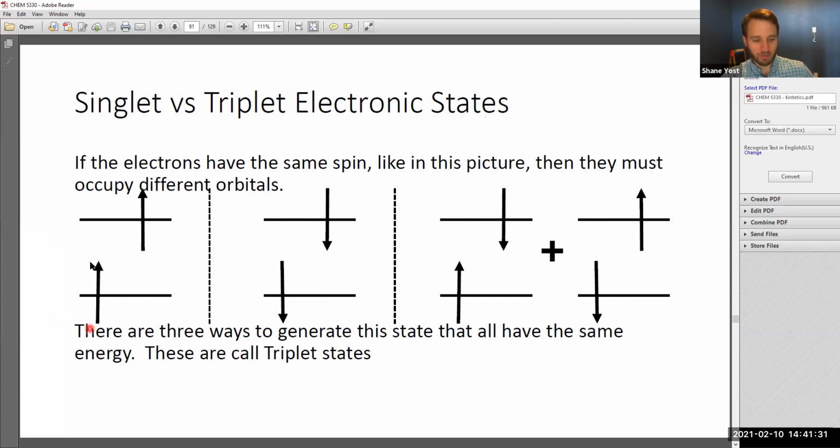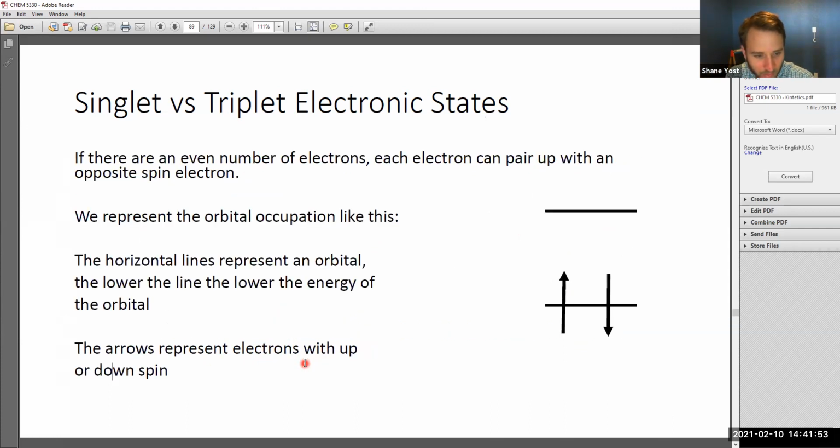If you were to solve for the energy of each one of these configurations, they will have the exact same energy. So they're all degenerate. This spin configuration is triply degenerate, and that's why they're called triplet states. So that gives you a background as to what I'm referring to when I call something a singlet versus a triplet.